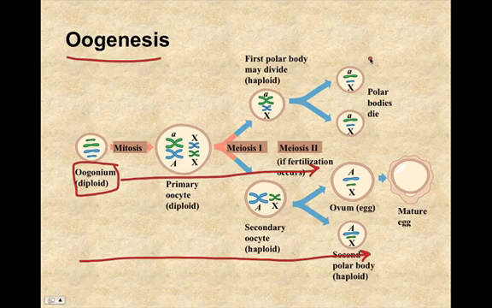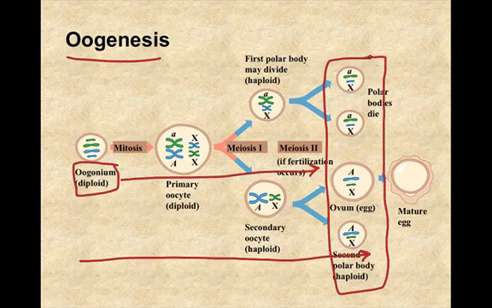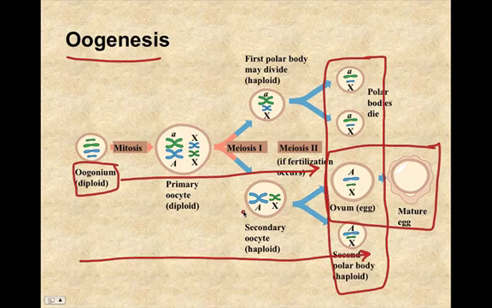Now, the process is still the same, where as the division goes through meiosis, you end up with 4 cells in the end, but only 1 cell is going to be that really nice, large egg. And the egg has to have enough nutrition to get that new organism to start to grow.